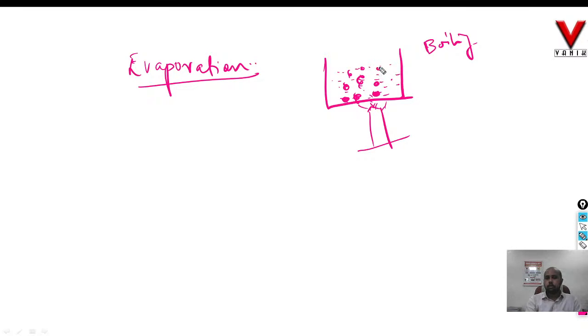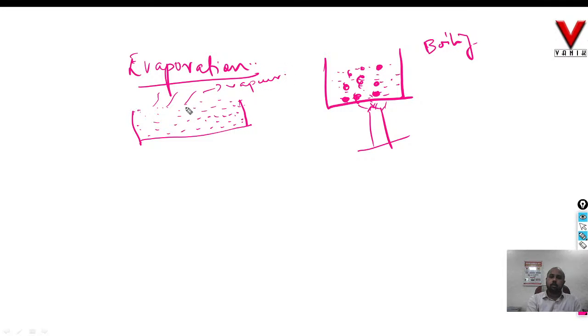This will keep rising. Evaporation is actually a surface phenomenon. So on the surface, the liquid will get converted to vapor form. It occurs only at the surface level. This is what is evaporation.